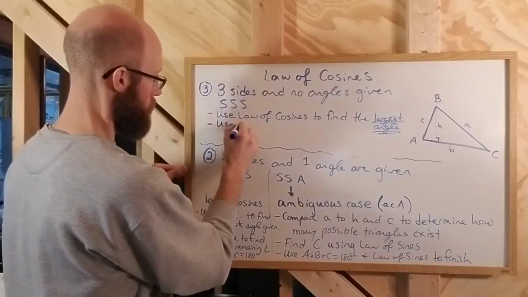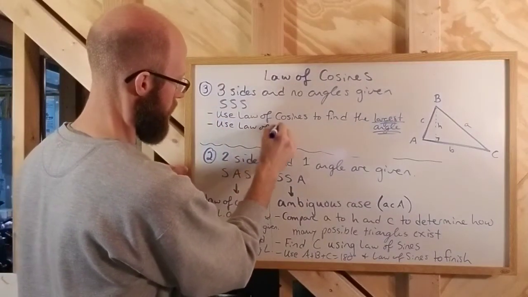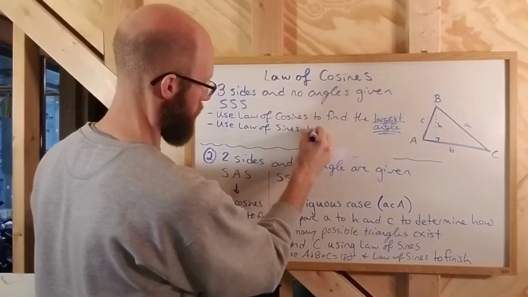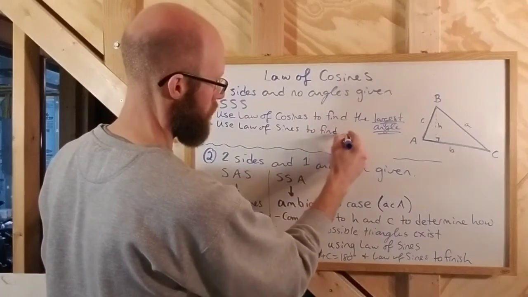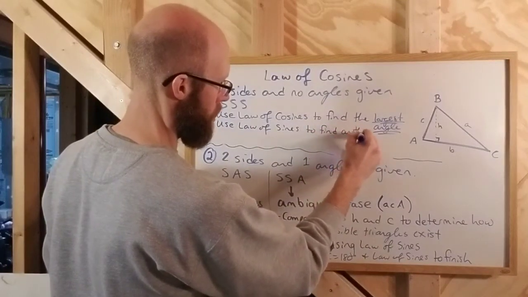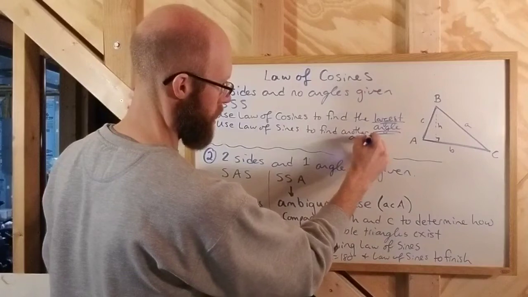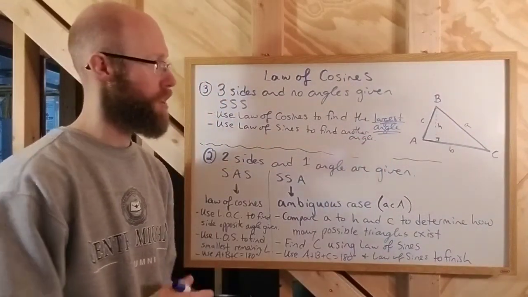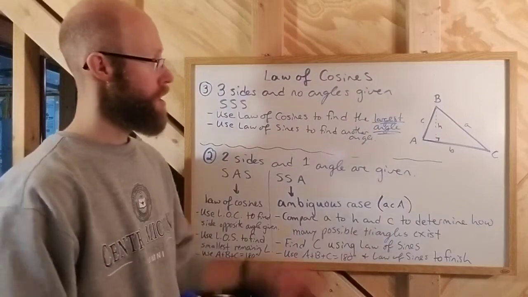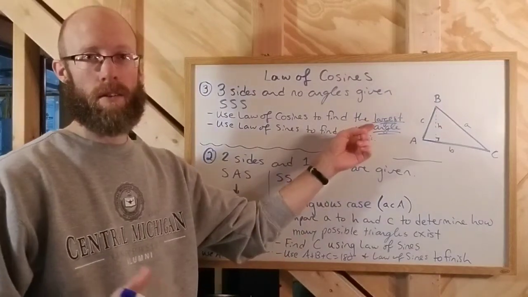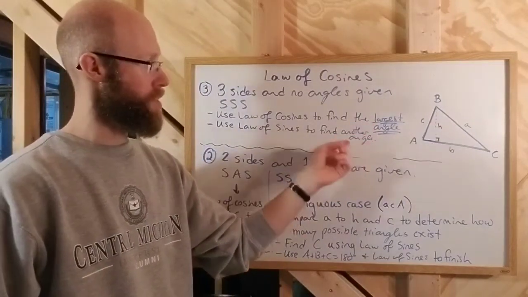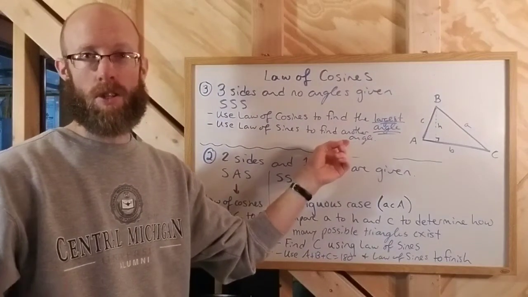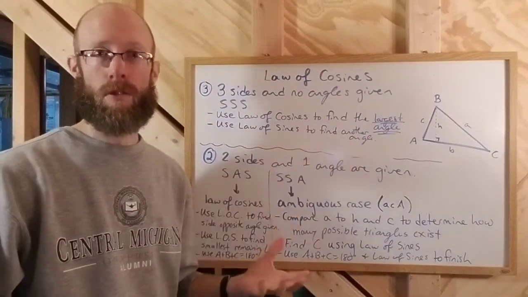to use law of sines to find another angle. And again, it doesn't matter which angle, because once you find the largest angle, the last two angles are forced to be acute angles.